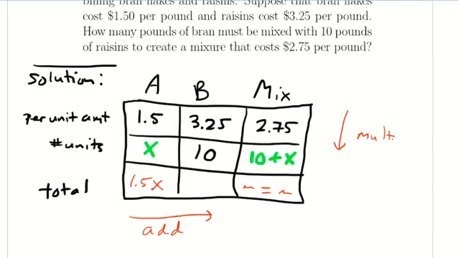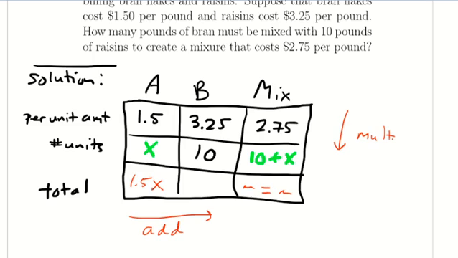And then multiply down to enter in this one here. So 32.5 is equal to 3.25 times 10. When you add across, multiply down, what you would put in that last space there would be the equation we need to solve. So in the end, we're trying to solve for x: 1.5x plus 32.5 is equal to 2.75 times the quantity 10 plus x.